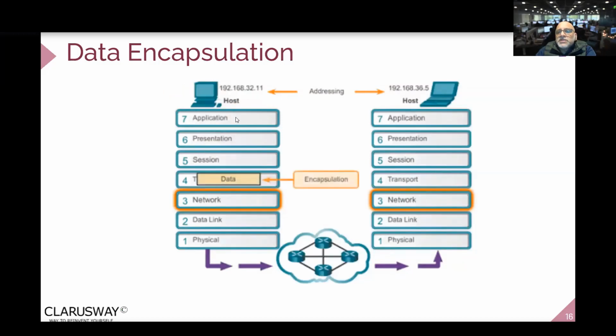So it's going to pass the data to the application layer, and all it's going to say is hello. So the application layer is going to add a header to that payload. The payload is what we refer to as the core data that you're sending.